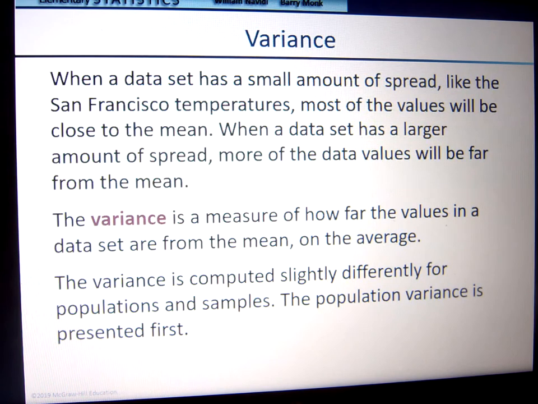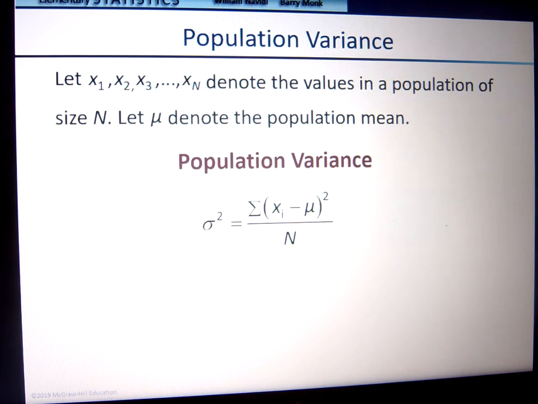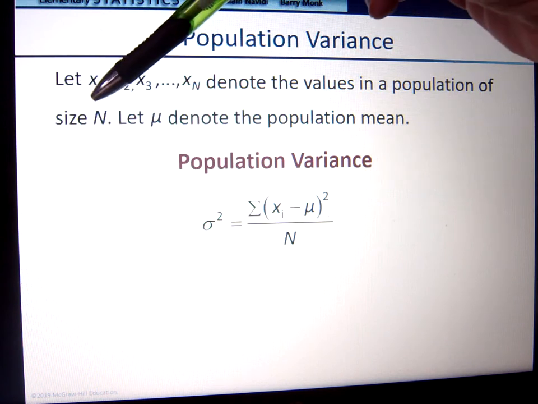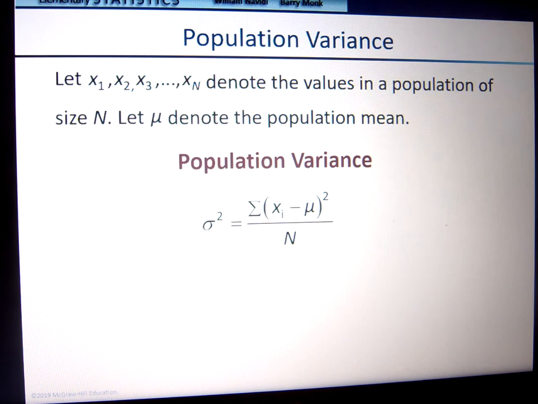The population variance we're going to look at first. Here again we have our data: x sub 1, x sub 2, and so on denote the values of the population of size N. Remember, when we say population, we use the uppercase N, and mu to denote the population mean.